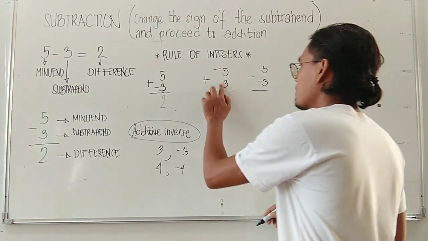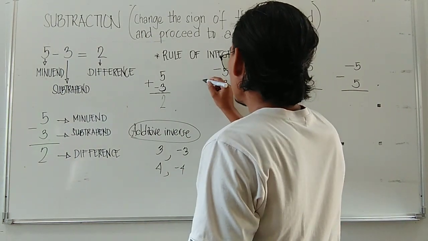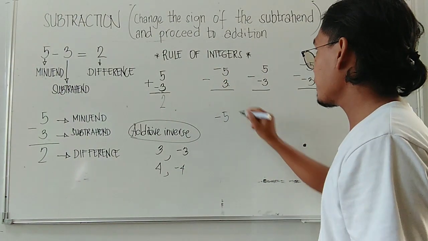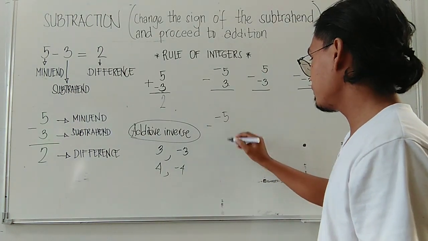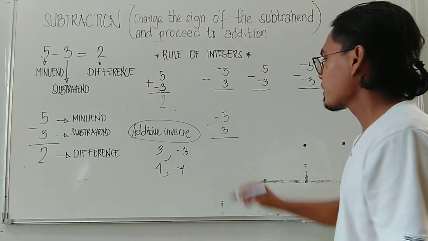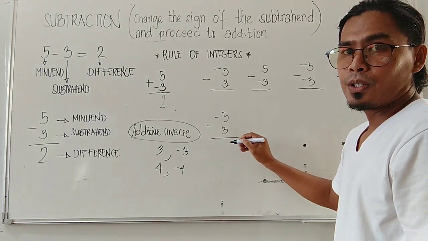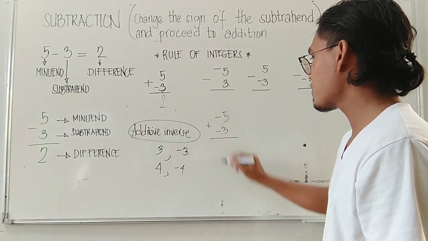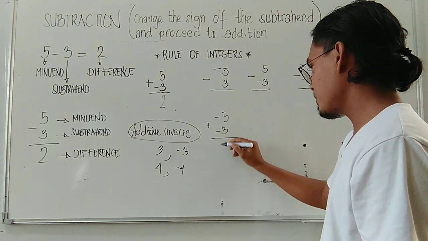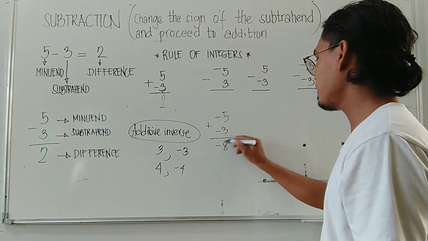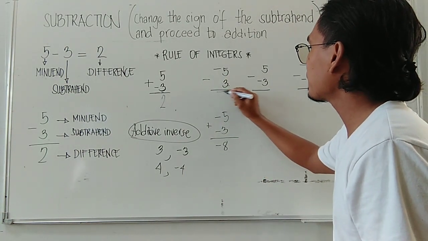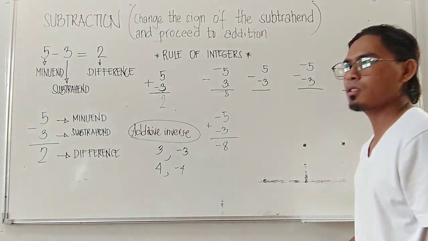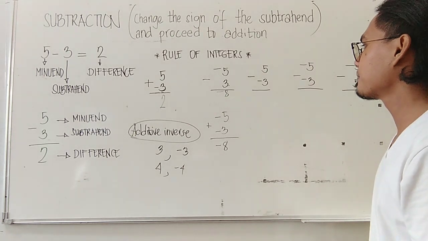Here is the original problem, then operate using the steps in subtracting numbers: identify your subtrahend, which is 3, change the sign, and proceed to addition. The correct answer, or the difference, here is negative 8. If you do not believe it, check it with a calculator.